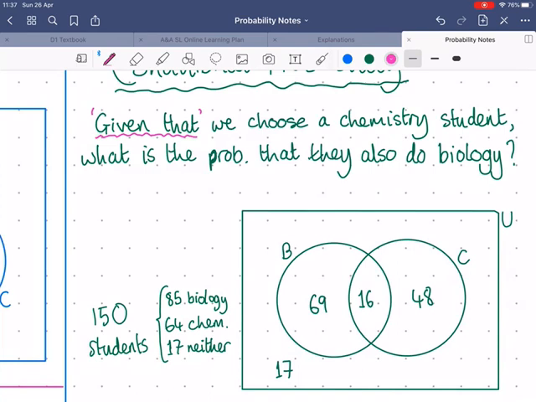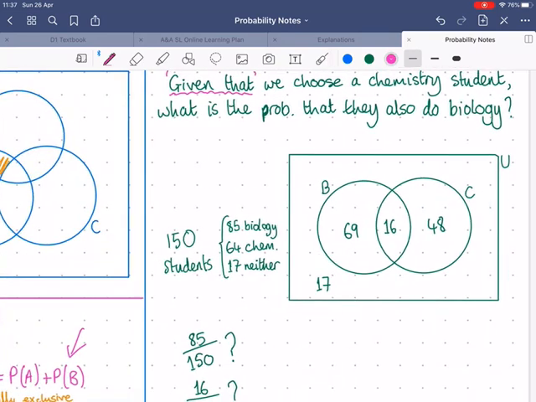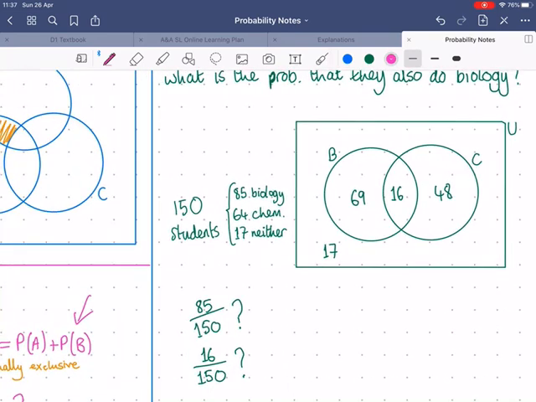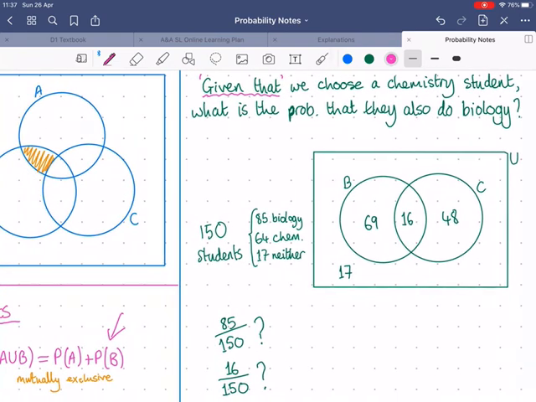Okay, it gives us some very important information, and means that we are essentially not even considering all 150 students anymore. Okay, so you might think that this probability could be 85 out of 150, because that's the number of biology students, but that just completely ignores the first part of this statement.